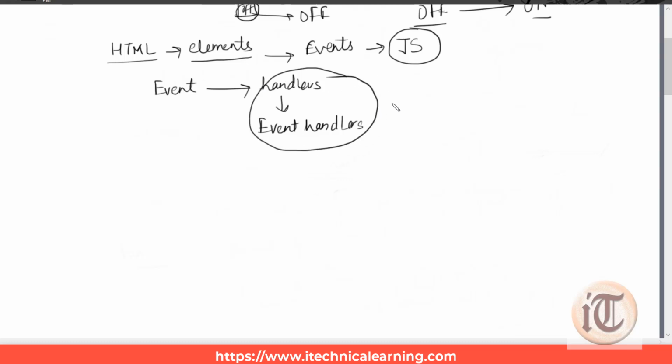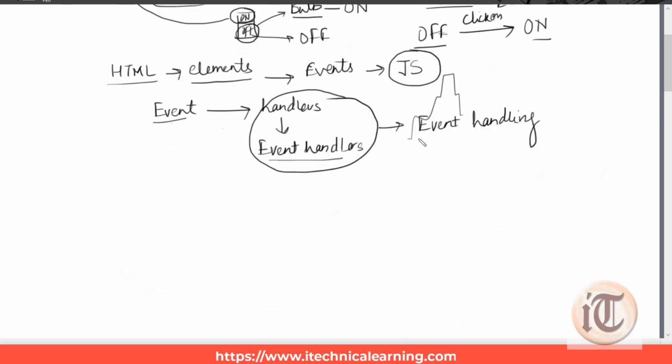So a change in the state is called an event, an event is handled by an event handler, and the process that the event handler performs is called event handling.